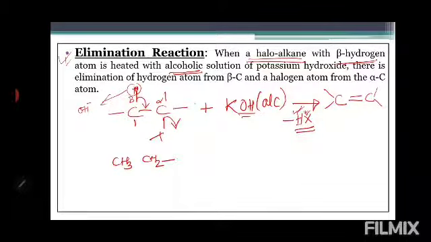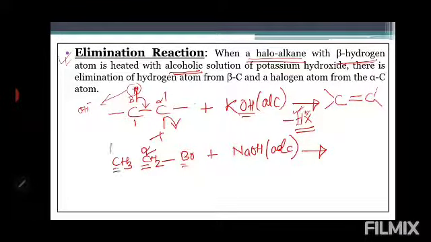Suppose we have CH3, CH2 and Br, and we are doing NaOH alcoholic or aqueous. With aqueous, it is a very simple reaction: Br will simply get replaced by OH. But with alcoholic, elimination takes place. Bromine is attached to the alpha carbon and the next carbon is the beta carbon.